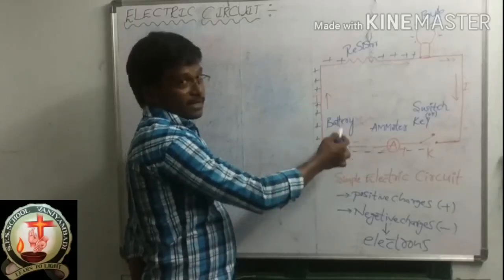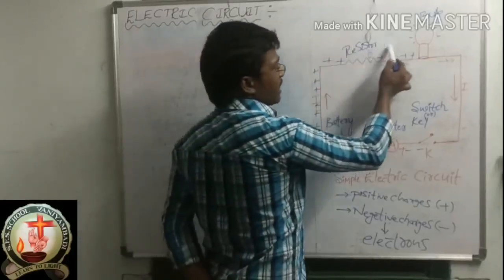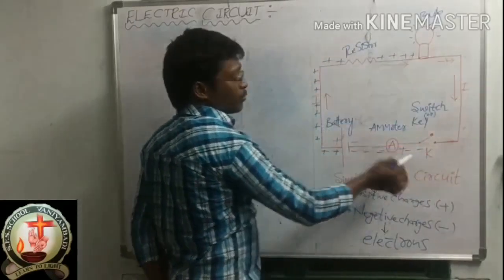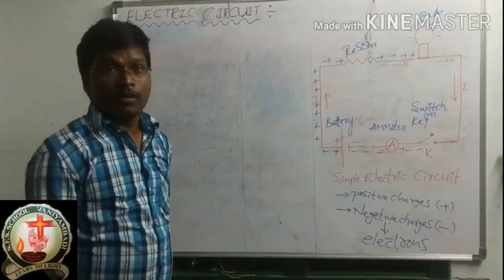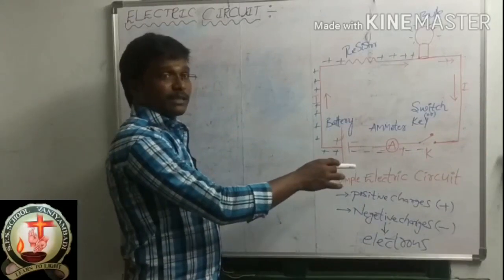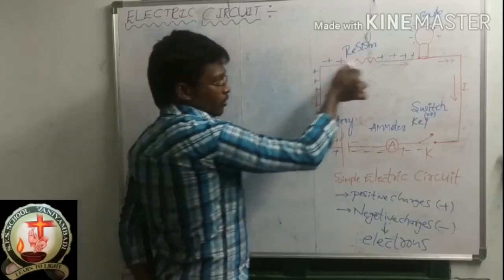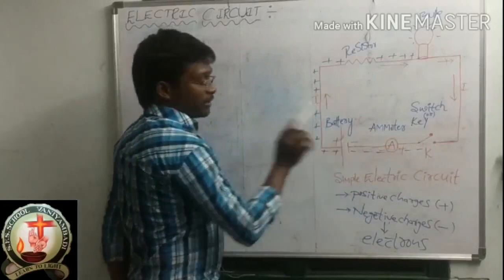This positive terminal is releasing positive charges. The positive charges will come like this, it is moving and moving and again it will reach. Correct? So the positive charges are moving from the positive terminal of the battery to the negative terminal of the battery.